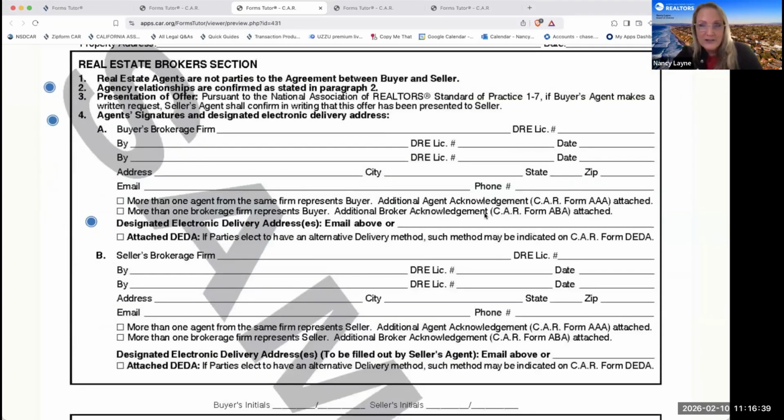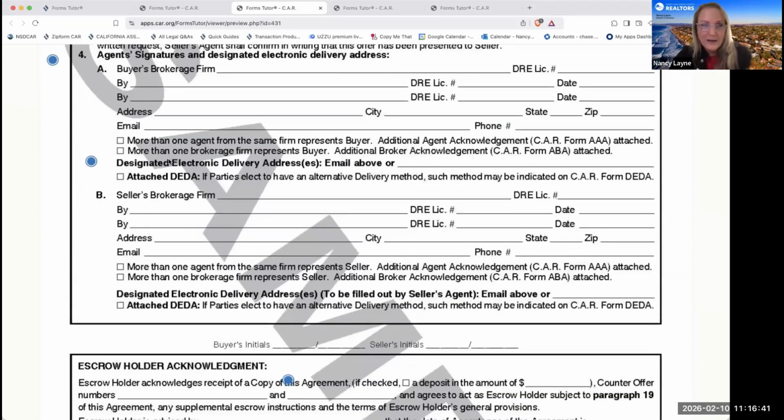The real estate broker section. This part is where you're going to put the email. So the designated electronic delivery address email is here, or if you want a different one, here. So if you're using CZQ sells for you, and that's your email, but you want the contract to go to your broker, your TC, a specific file that you've created for this contract, that's where you would put this, right?